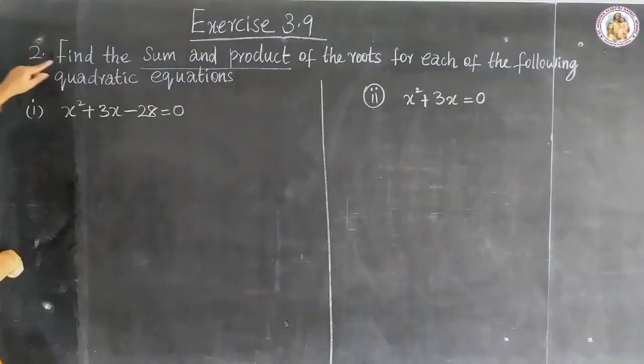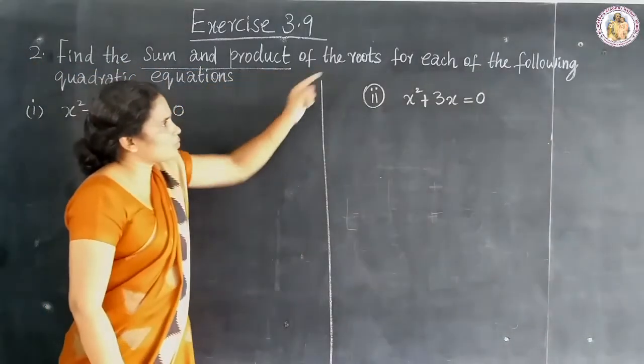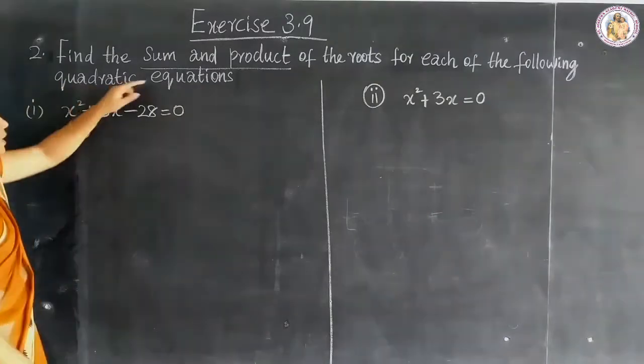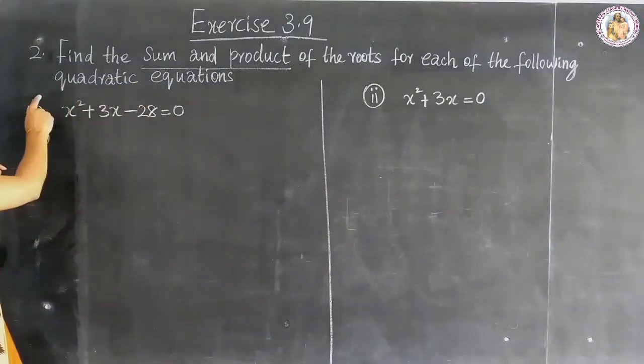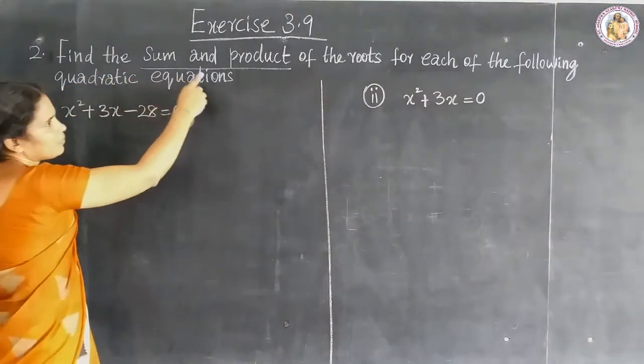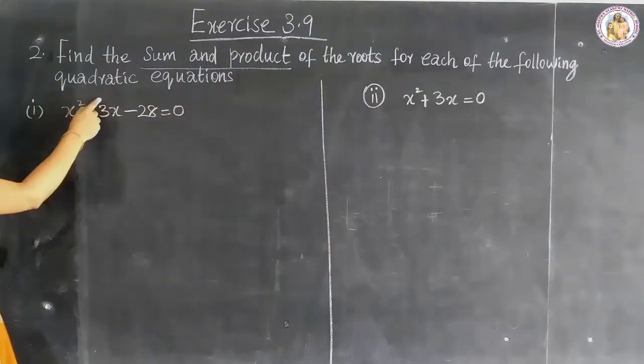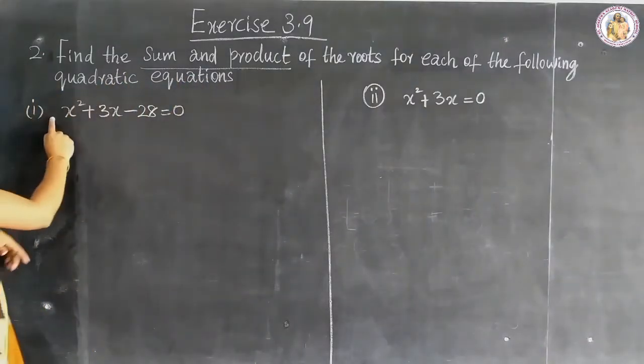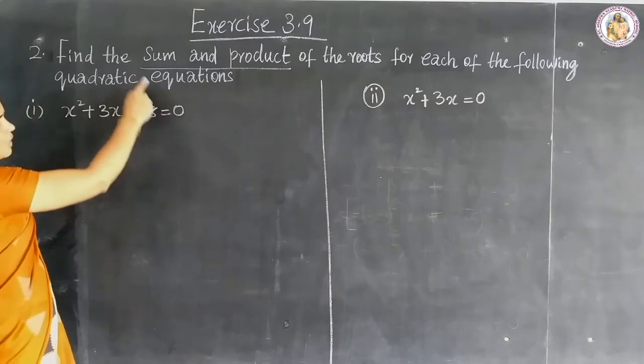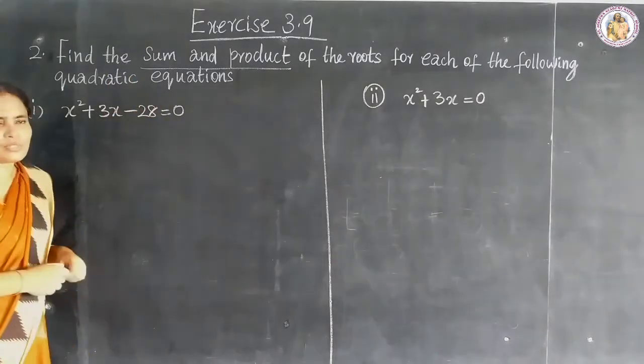Question number 2. Find the sum and the product of the roots for each of the following quadratic equations. In the first Roman letter, the sum and the product were given, so we found the quadratic equation. In question number 2, the quadratic equation is given. You have to find the sum and the product of the roots.